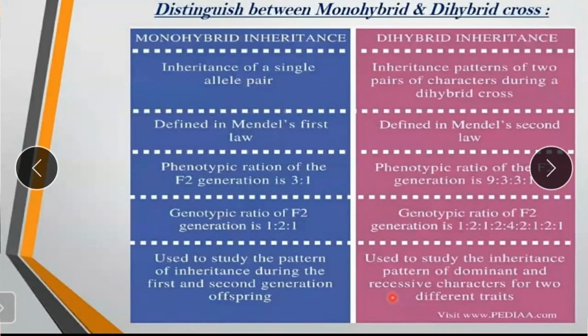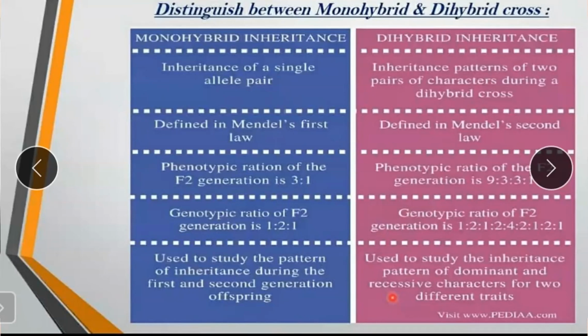In monohybrid, only a single pair of characters, and in dihybrid, two pairs of characters. Monohybrid inheritance is defined in Mendel's first law, but dihybrid inheritance is defined in Mendel's second law.